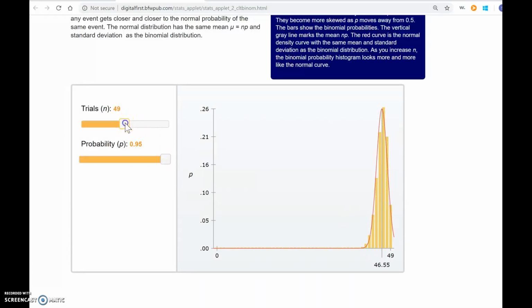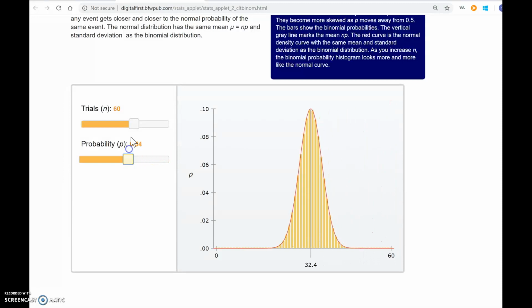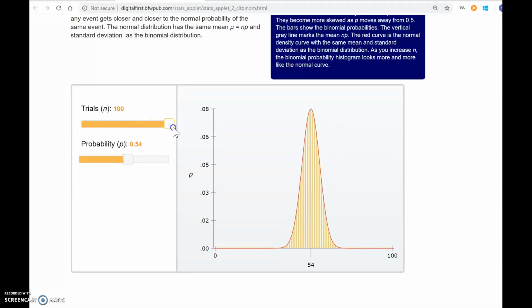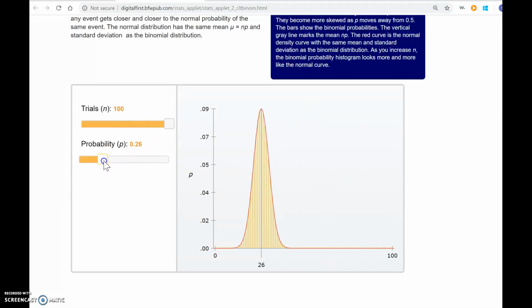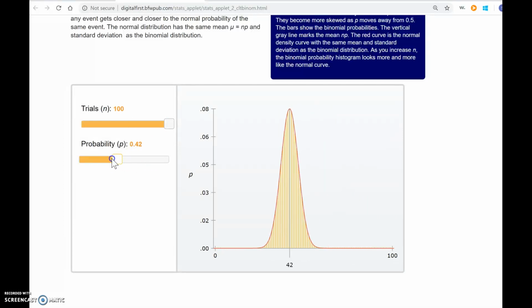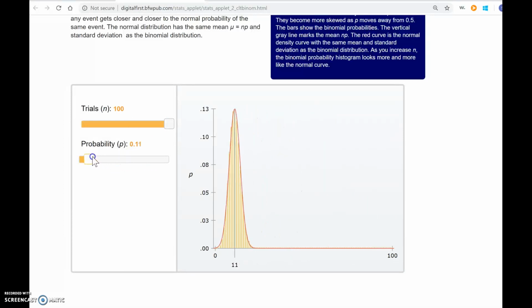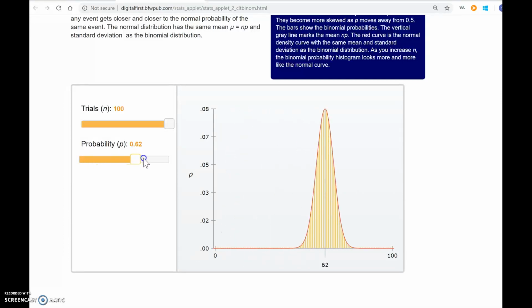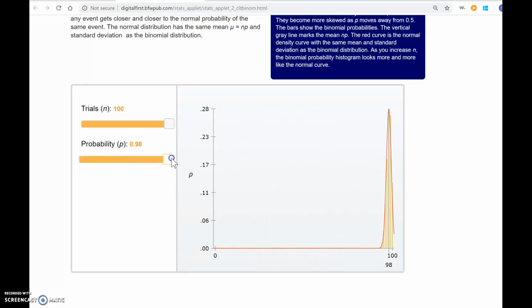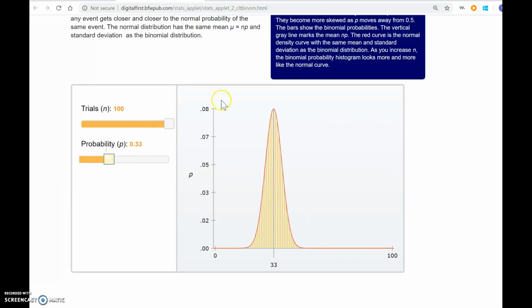So even if you have a lot of trials, if your probability is super, super high, it doesn't really look normal. But if you kick up the trials to 100, that thing looks almost exactly normal for values from 0.1 to 0.9. But if you get too far up, the normal distribution breaks down.